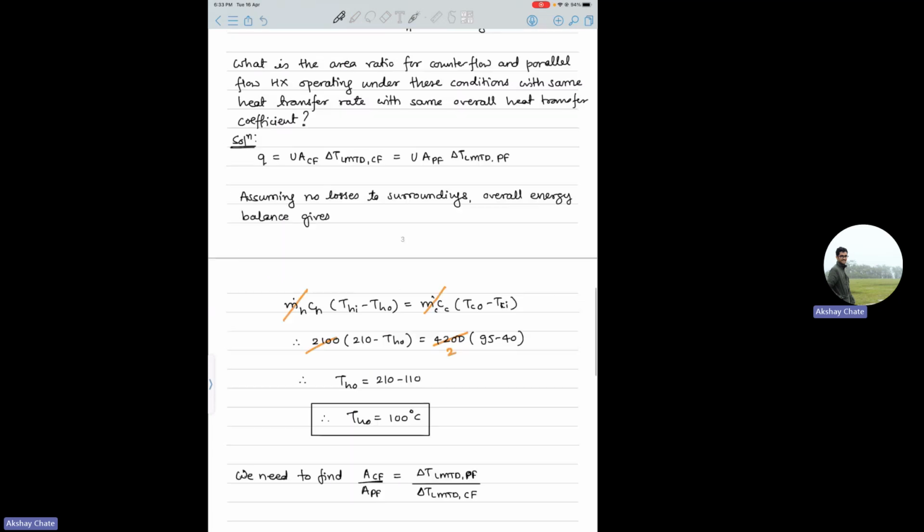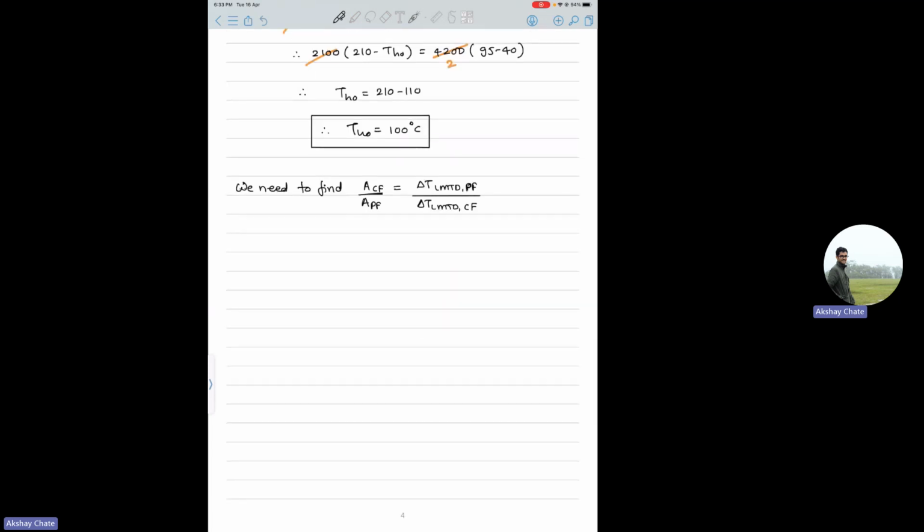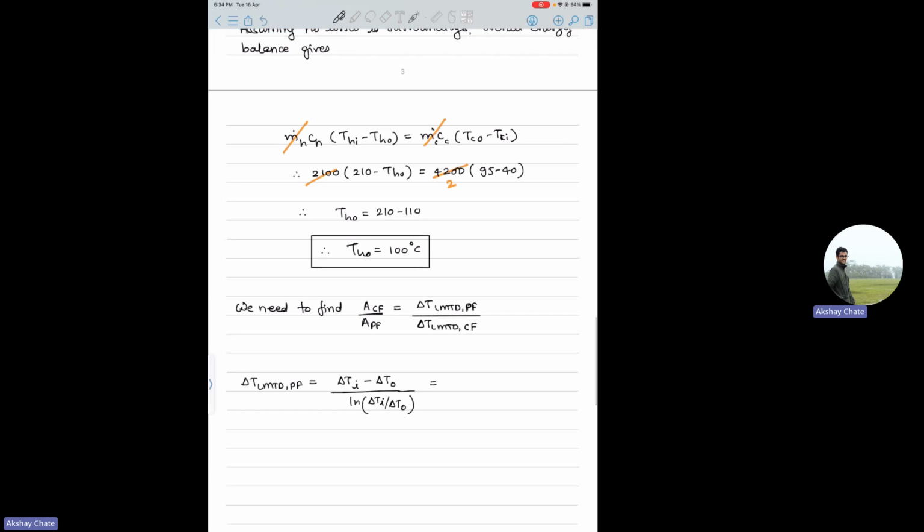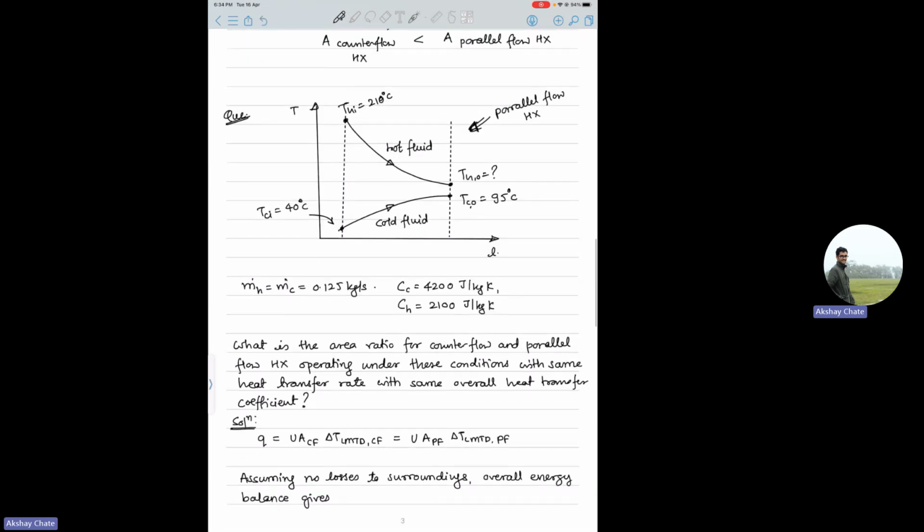So first you can calculate the delta T LMTD for parallel flow as delta T at inlet minus delta T at outlet, divided by the log of the ratio of the temperature differences. What is delta T at the inlet? It is 210 minus 40.